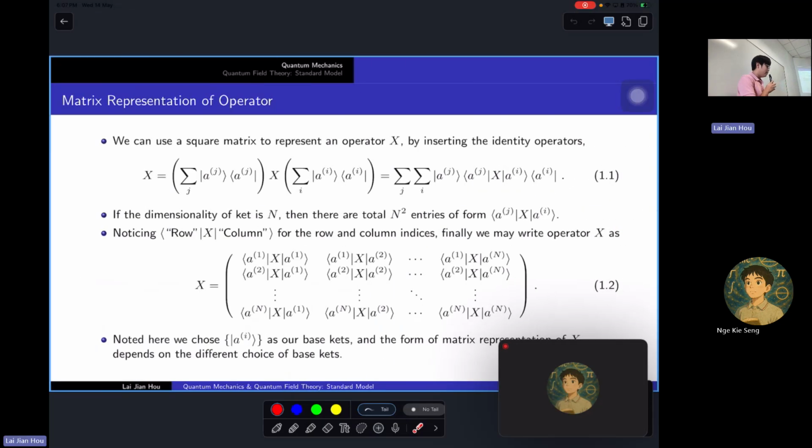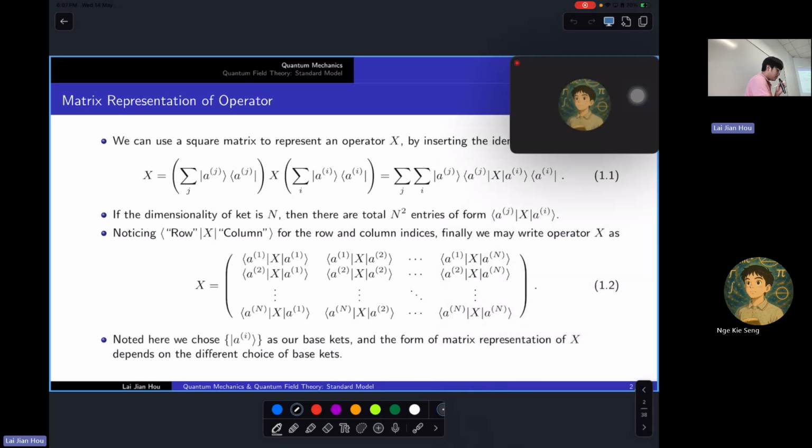So to start with, operators. In general, an operator does not need to be a Hermitian operator. In general, we write the operator as X, and we insert the identity operator on both sides of the operator.